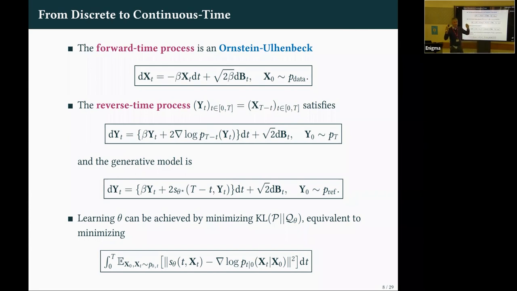And ancestral sampling, you can think of as looking at the time reversal of this process. The time reversal of this process is well known from the probability literature. It was resolved by Anderson and Haussmann and Pardoux, and it satisfies this SDE as well.